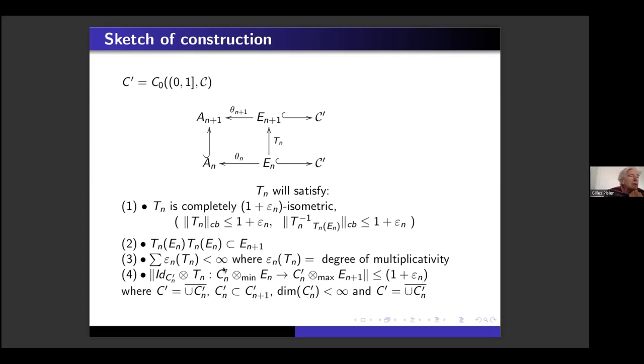The difficulty is that I cannot here take coefficients in the whole C-star algebra script C, so I do not get immediately the property that I want, but I can do this gradually. I can take in the algebra script C a nest of finite dimensional subspaces with dense union, and then incorporate in the inductive construction that at the nth level we do this just for this subspace C prime n, which is not the whole algebra C prime, but a finite dimensional subspace.